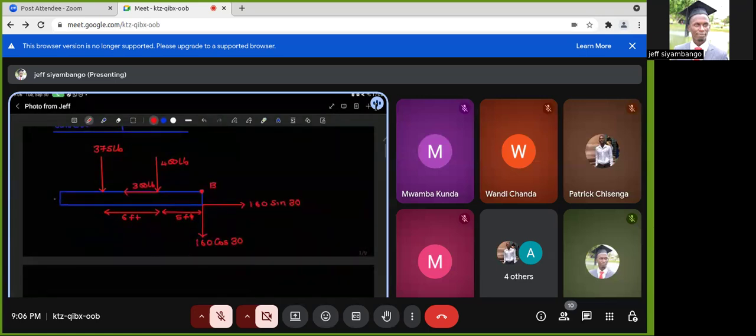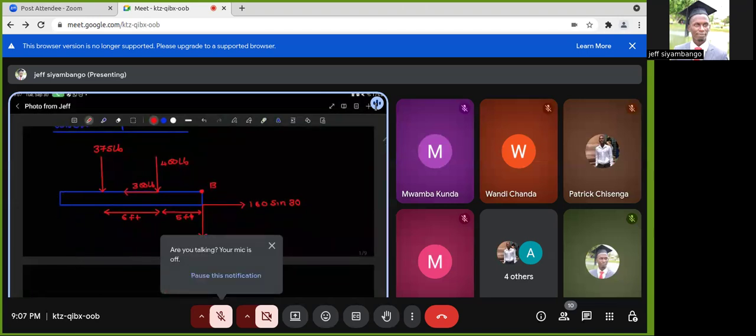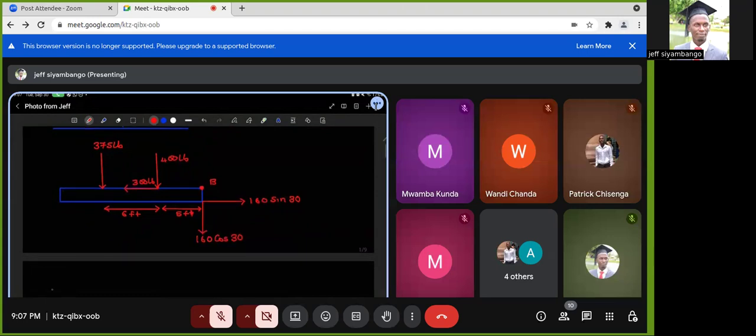Okay. So with this done, let's get the moment. Notice that I have not included the support reaction inside. So when you sum the moments due to the three forces, you can get the moment M1 due to F1. So about point B now, M1 is causing anti-clockwise rotation, so we know it will have to be positive.